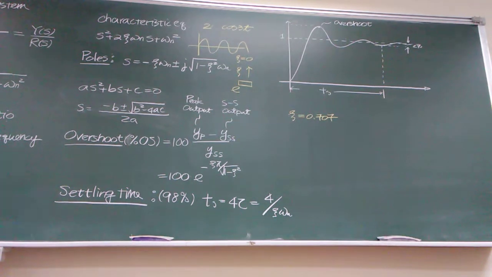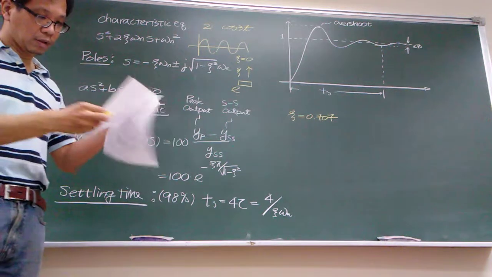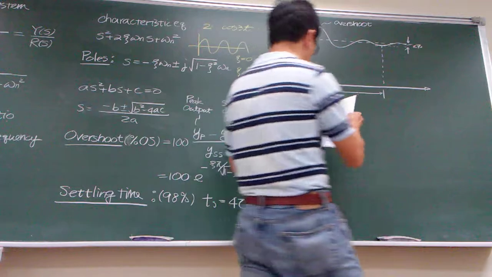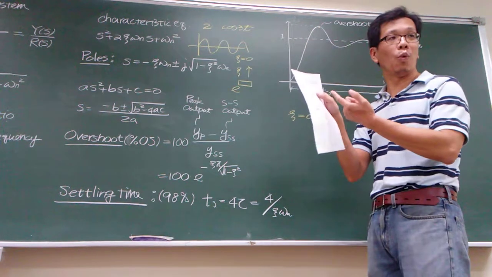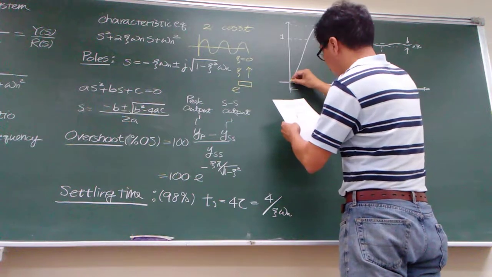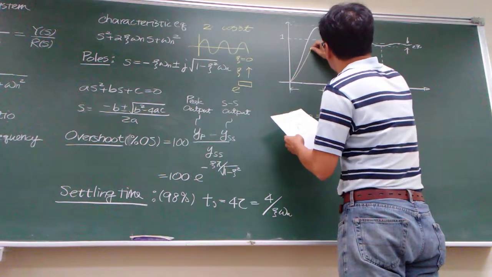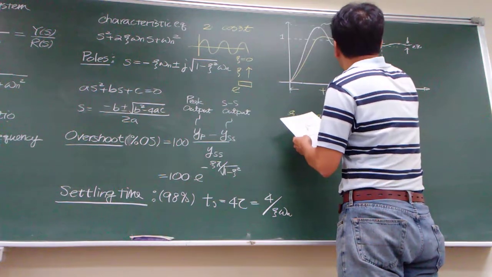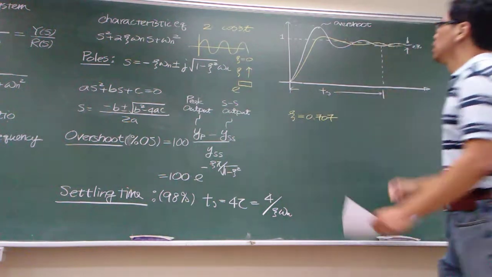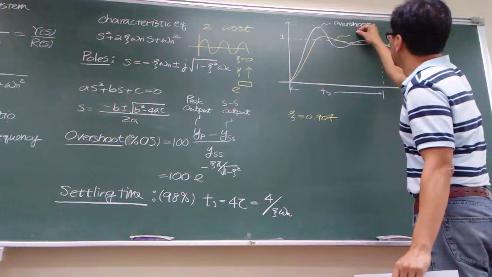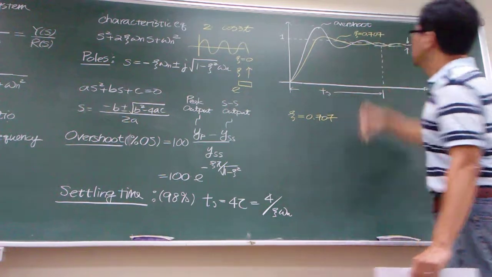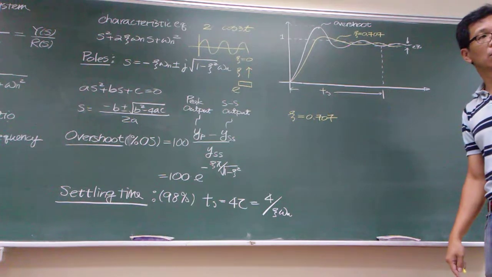that will be in your next page. When the damping ratio starts to change, what kind of result are we going to have? It's going to be something like this.